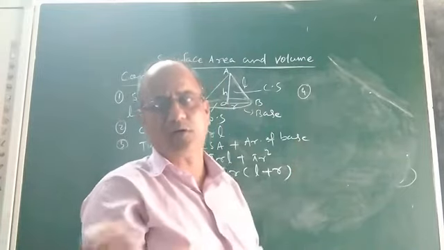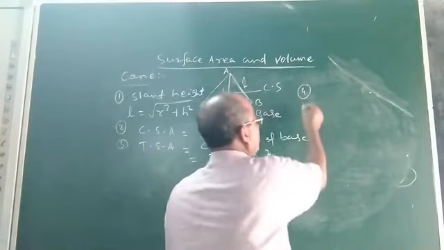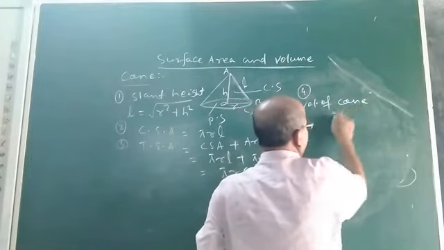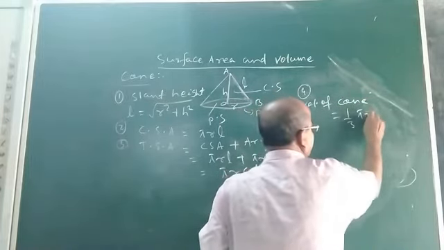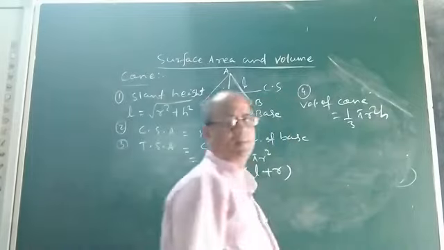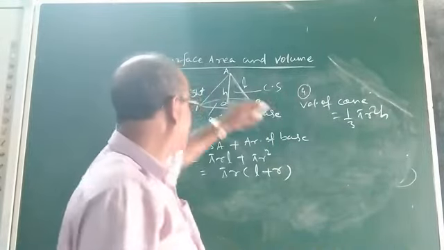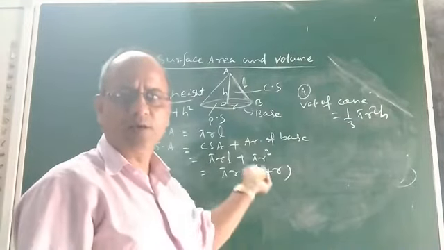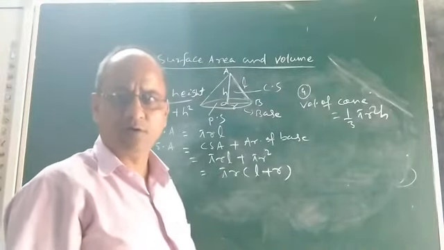So the volume of the cone will be 1/3 pi r square h. So these are some formulae on the cone. If you remember them, you can easily solve any question on surface area and volume of a cone.